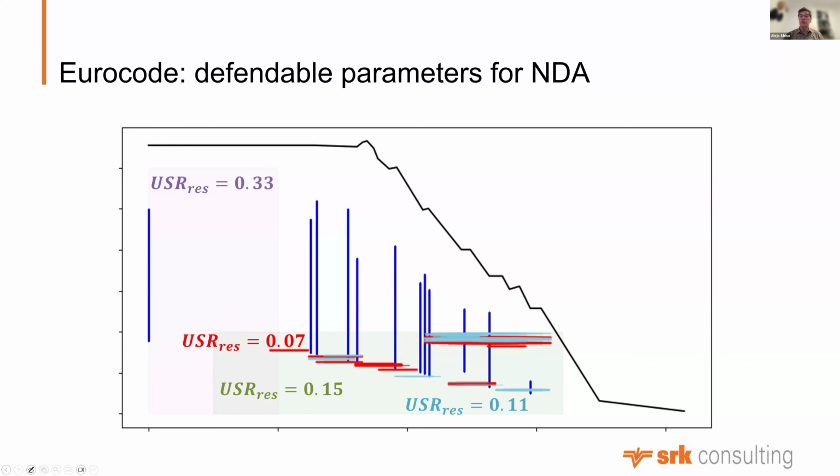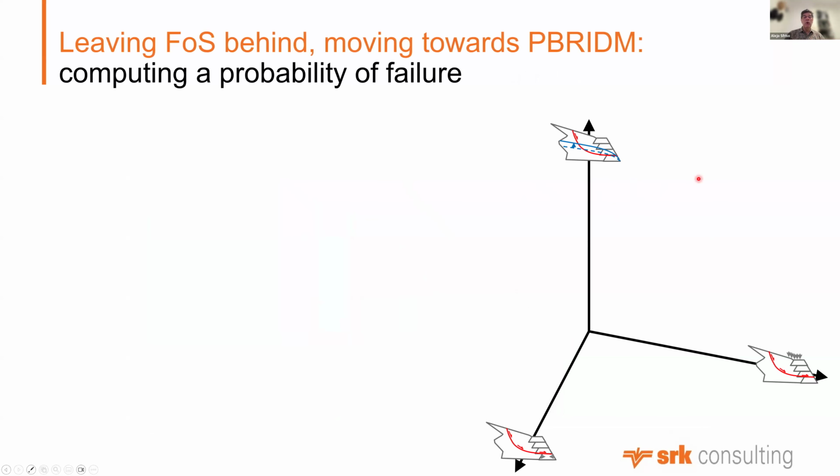So this is the contribution. And this allows us to leave the factor of safety behind and move towards performance-based risk-informed decision-making. For instance, we can use the material I have shown to compute the probability of failure. So you have the demand, which is the external actions.